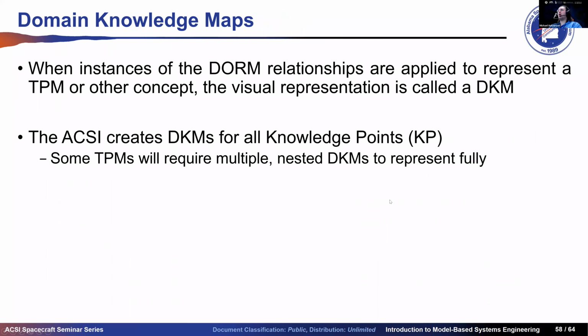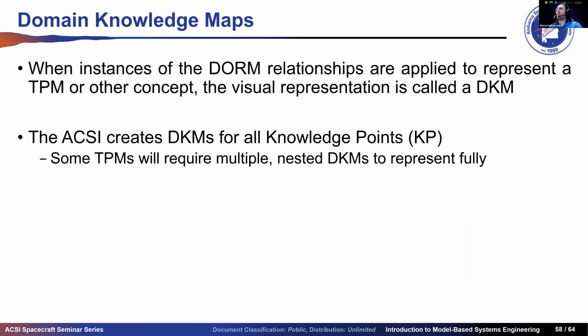We are going to create these for every domain knowledge map, and every knowledge point gets a domain knowledge map. It might take several knowledge points and domain knowledge maps to fully represent the calculation of something important, like a technical performance measure or a key performance parameter.